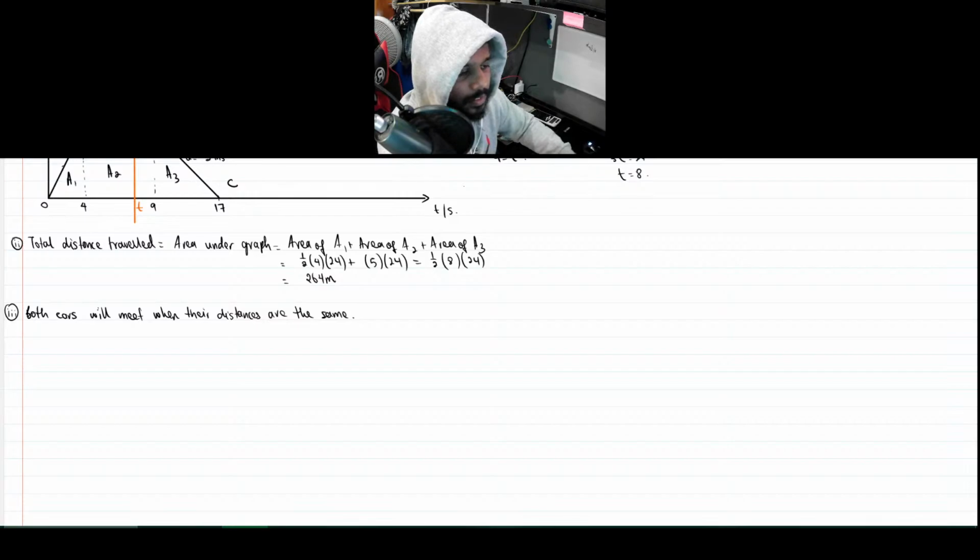Both cars will meet when the distances are the same. Let's say car A and car B. Alright, so I'll just represent it as first car and second car. The distance for the first car will be the area underneath the graph, which will be A1 plus A2.